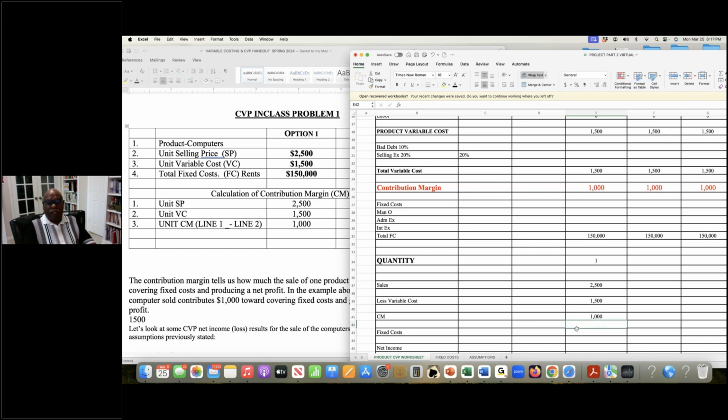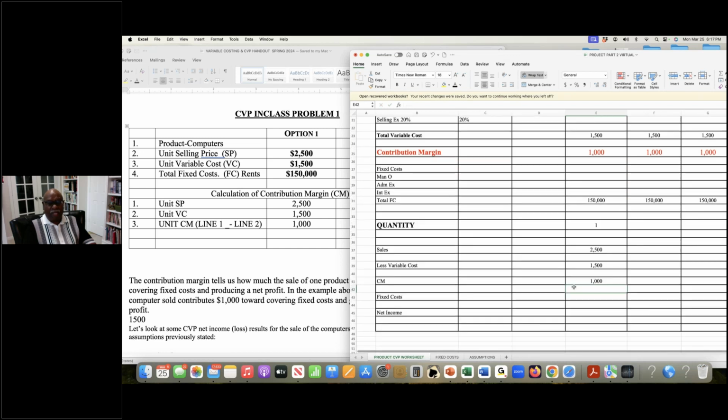But my fixed cost is how much? What are my fixed costs? 150,000. So if I sold just one, what's going to be the situation? My loss is going to equal what? 149,000.